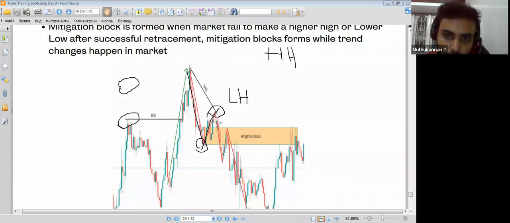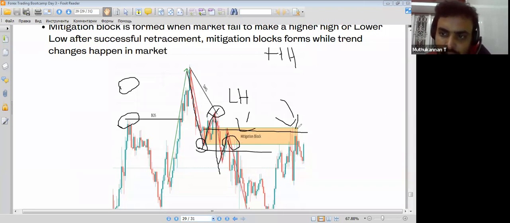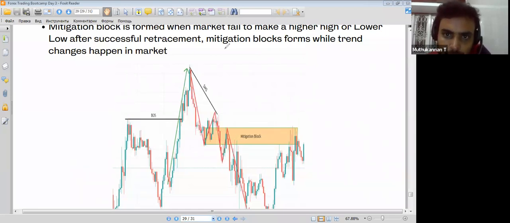Now, again, it broke the structure to the downside. Now, this is my order block. I mean, this is my mitigation block. From there, I'll be taking my sell entry from here or maybe from here also. Okay, clear, guys?